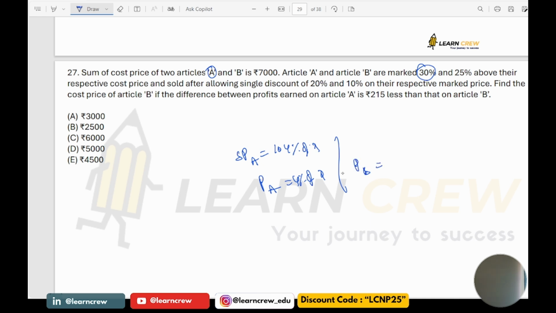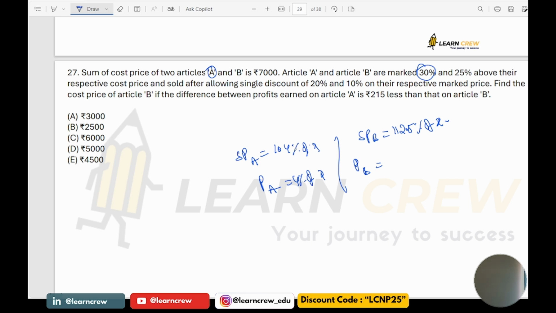We need to find out how much it would be. It is 125, 12% off 125. So the selling price of article B would be 112.5% of X. Thereby, what is the profit earned on article B?